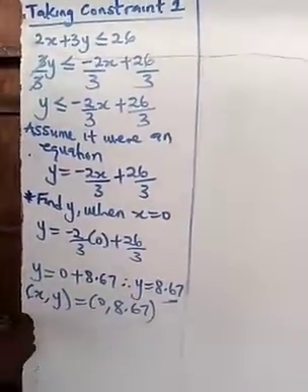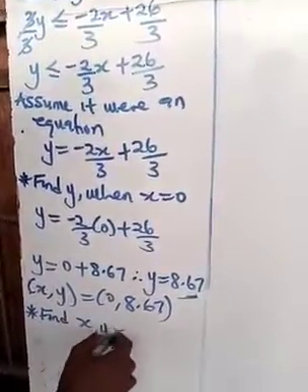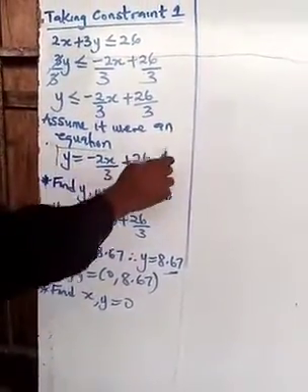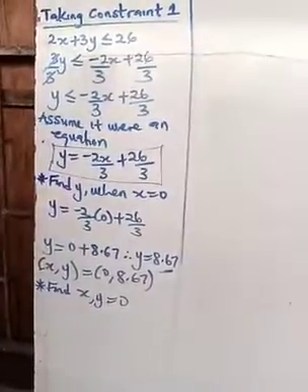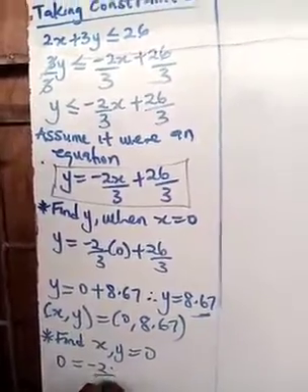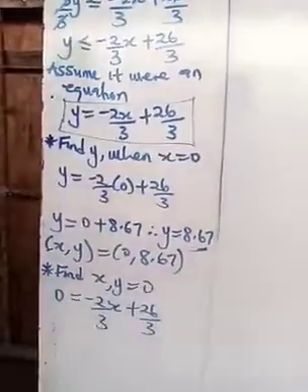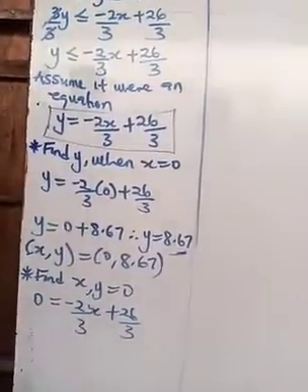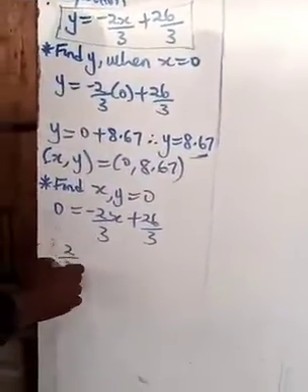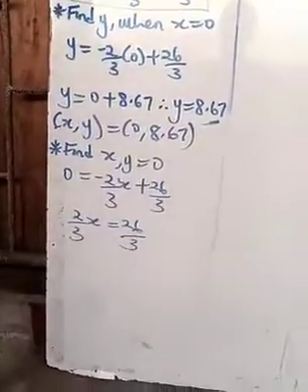Now let's look for x. Find x when y is 0. So when y is 0, we have 0 equals minus 2 over 3x plus 26 over 3. Now if this comes here, we have 2 over 3x equals 26 over 3.